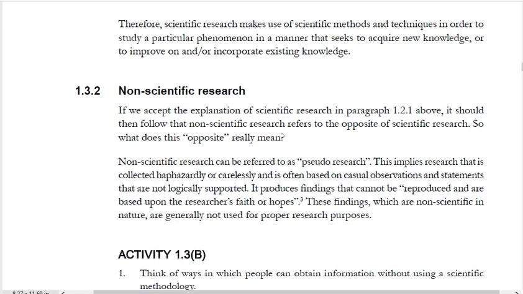It further says that, therefore, scientific research makes use of scientific methods and techniques in order to study a particular phenomenon in a manner that seeks to acquire new knowledge or to improve on or incorporate existing knowledge.